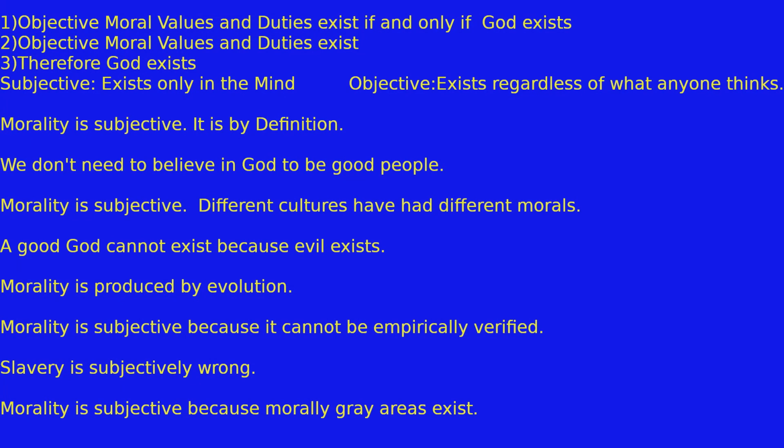Now, let's move on to the next one, number 5. They might say that morality is just created by evolution. Okay, so what they're in effect saying is that if you see someone murdering a baby, and you have this strong internal urge to stop this from happening, that is just something that's been programmed into you by evolution.